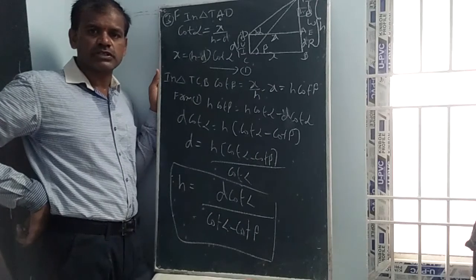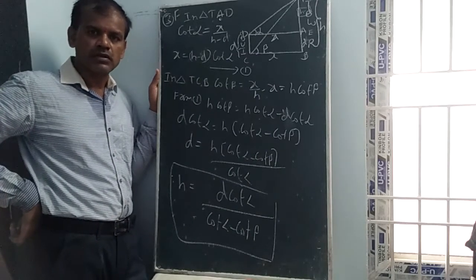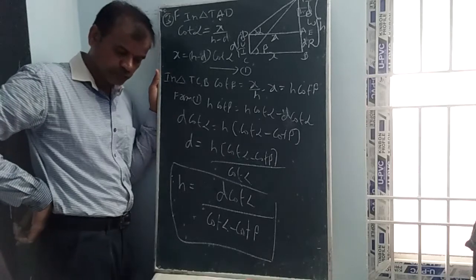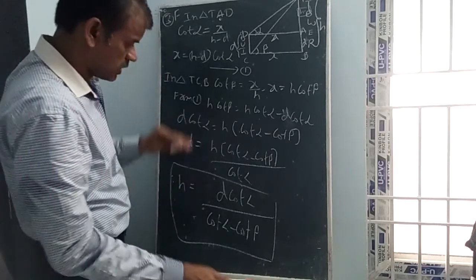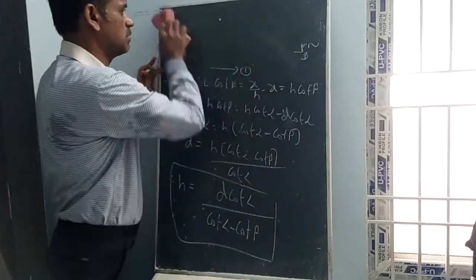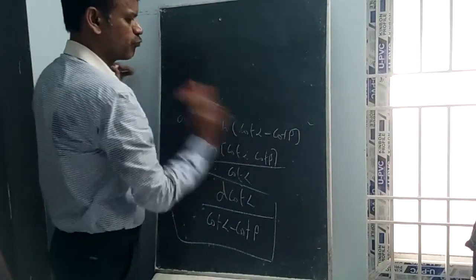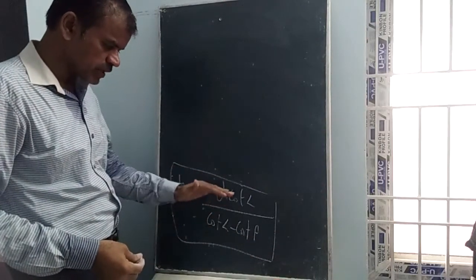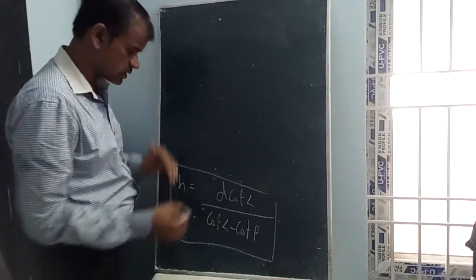In the second formula, h is equal to d by cot alpha plus cot beta. In the third formula, h is equal to d cot alpha by cot alpha minus cot beta. Using this one, the direct question in JEE Mains in 2014 was asked using the sine cos concept.